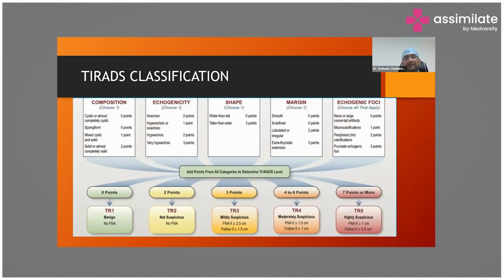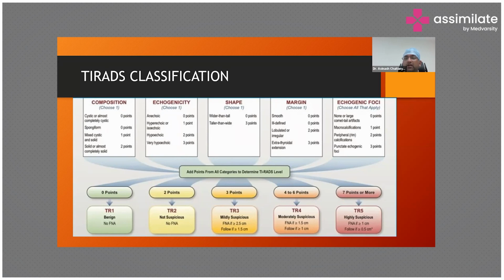So based on all this, you are more likely to know that solid nodules are more likely to be malignant. Hypoechoic nodules are more likely to be malignant. Taller than wide is more likely to be malignant. And also extrathyroidal extension and irregular margins are likely to be malignant.